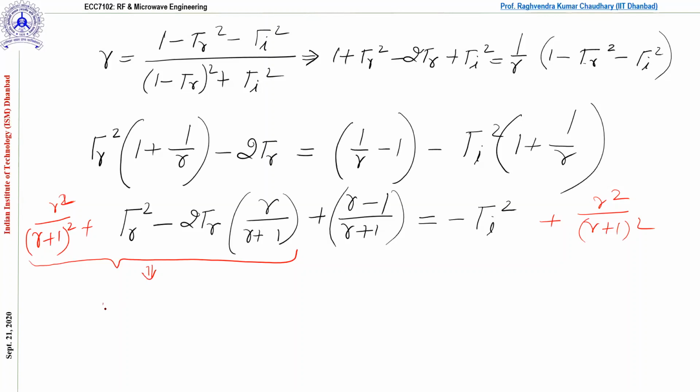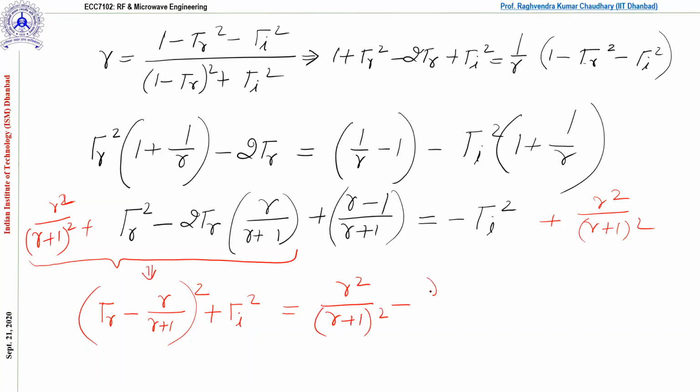You can write gamma r minus r over r plus 1 to the whole square plus gamma I square, fine, is equal to, I'm taking gamma I on the left hand side, and this term and this term on the right hand side, and this would be r square divided by r plus 1 to the whole square minus r minus 1 over r plus 1.